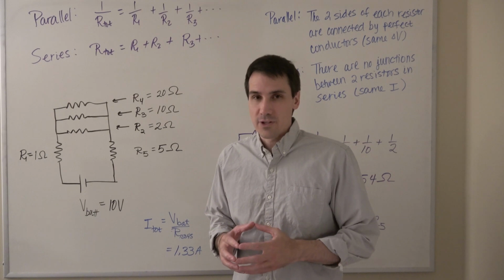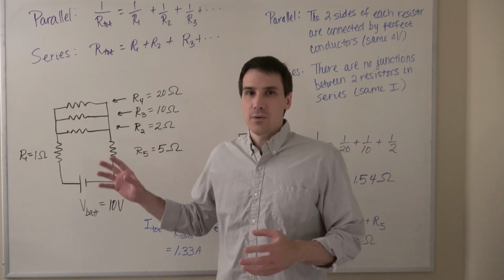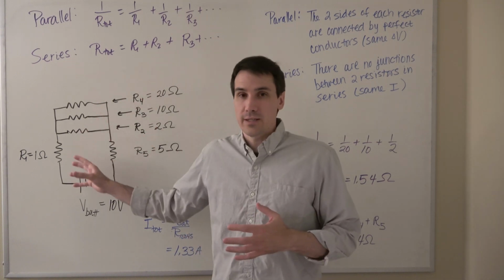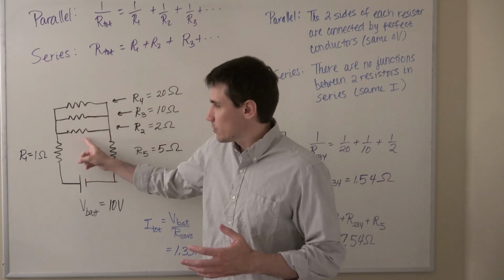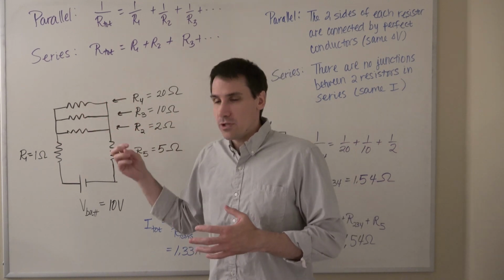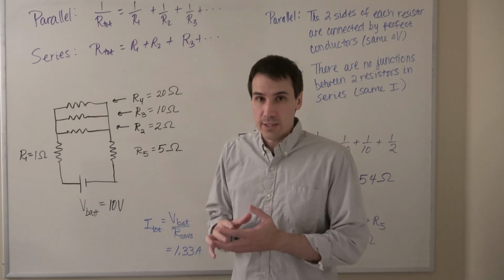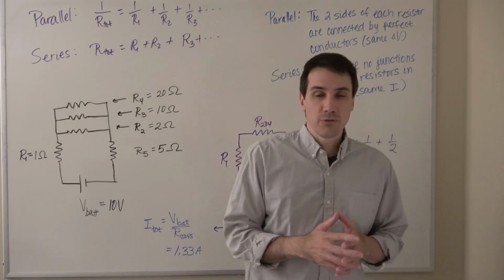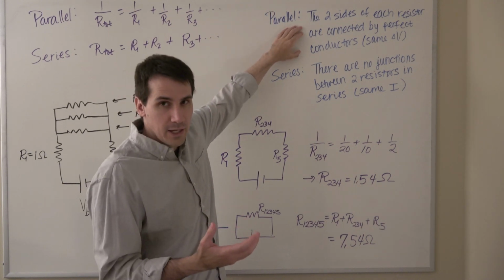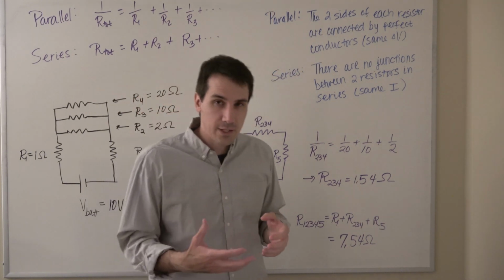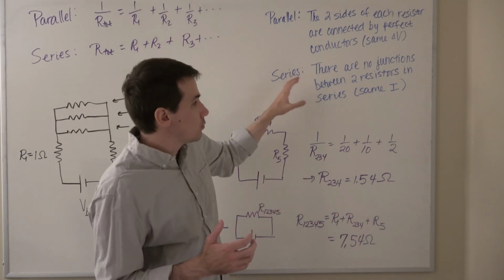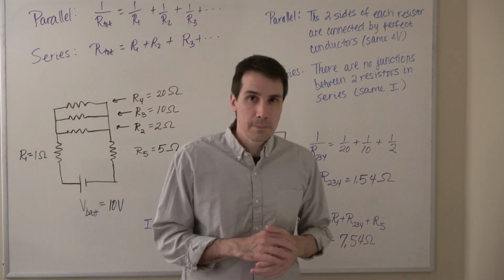Before we move on with the rest of our analysis, I just want to quickly note what you should be thinking about when you are first starting to look at a circuit like this. We already saw that these three resistors together are in parallel, but it is important to know where to start on a circuit like this. So what you are going to look for is resistors where the two sides of the resistor are connected by a conductor, therefore they are at the same potential difference across the resistors, or resistors where there are no junctions between the two resistors.